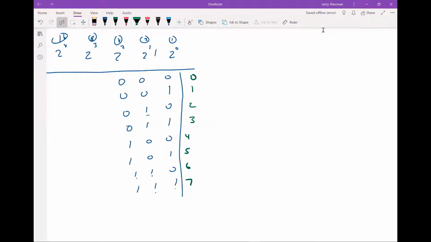So let's start simple. Let's start with the number 1. So the 1 is 0, 0, 1. That's the number 1. Now the question is, is there any sequence in this whole set of 8 sequences that when I add it to a 1, they'll all cancel out and I'm going to get a 0?